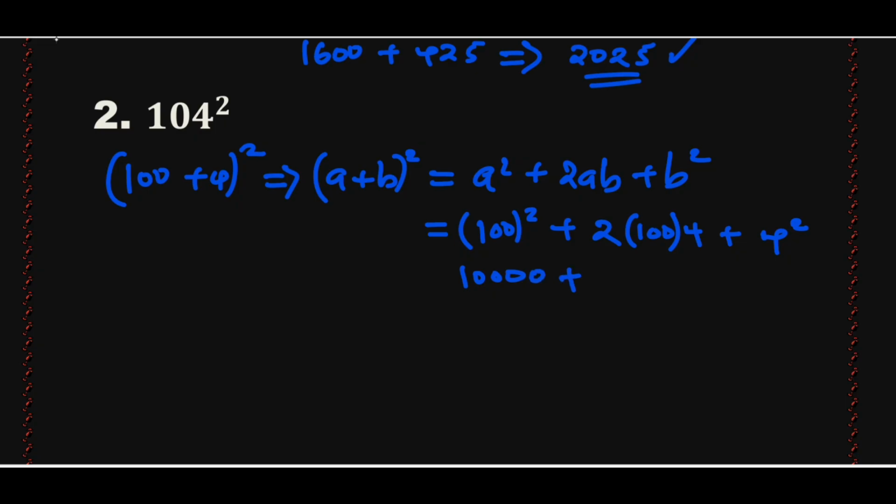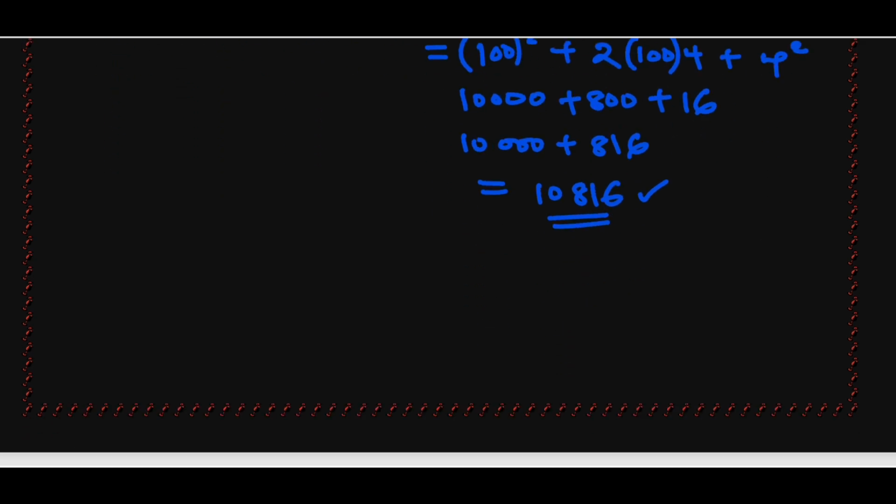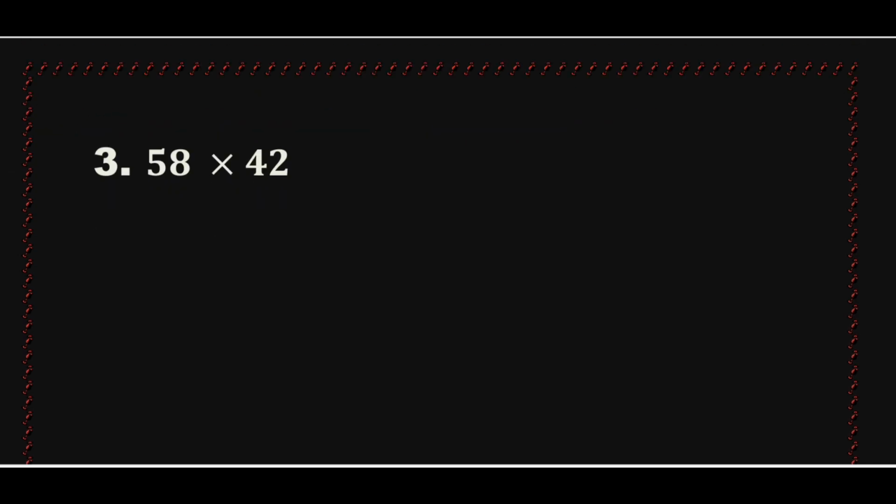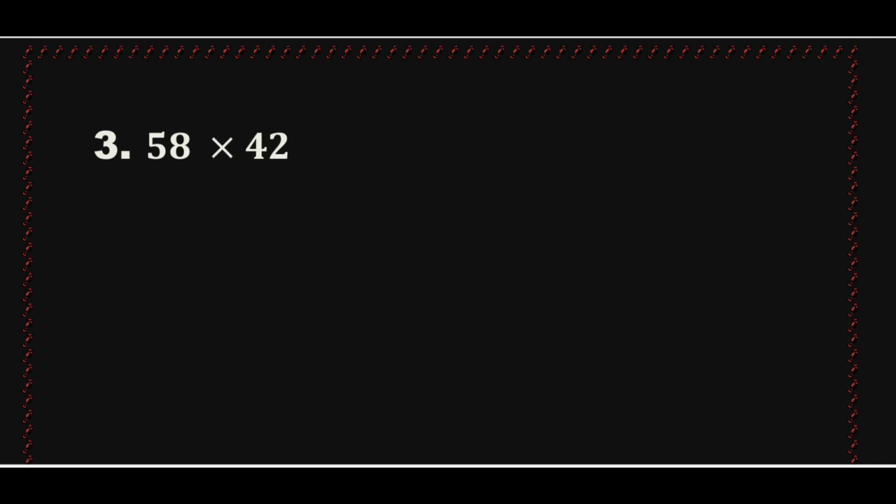Then plus 4 by 100 is 400, by 2 is 800, and then 4 squared is 16. So that is going to be 10,000 plus 816. The final answer should be 10,816. I want to believe that if you work out 104 squared, it should give you 10,816.